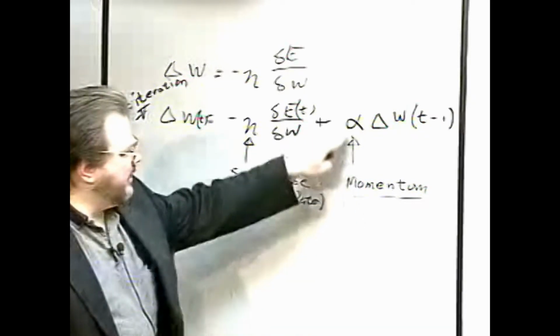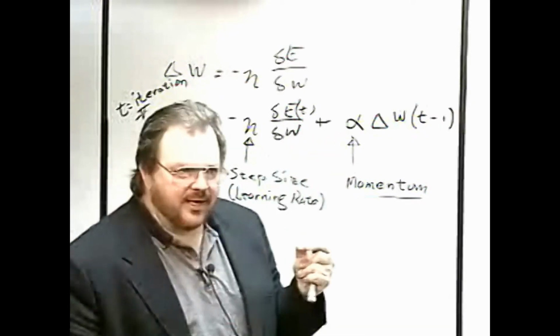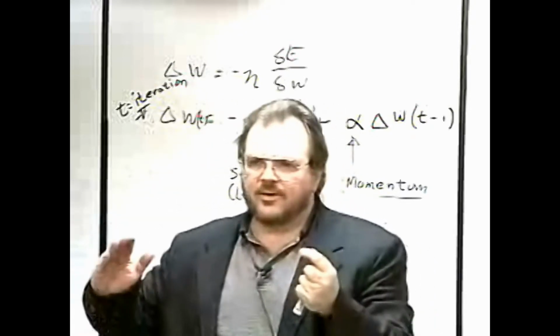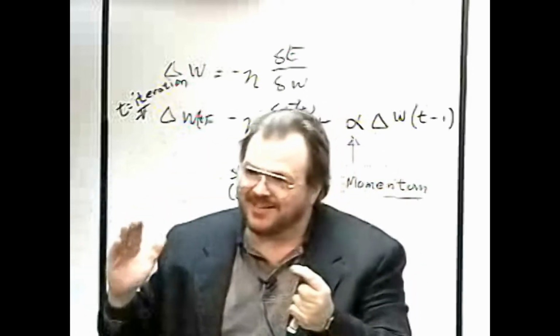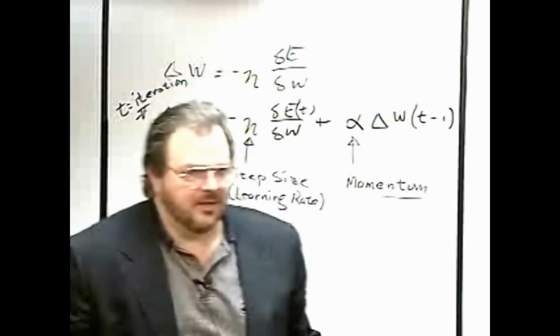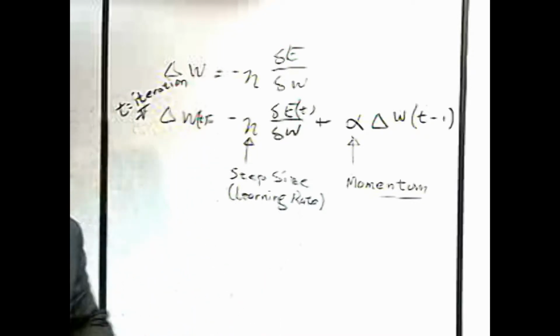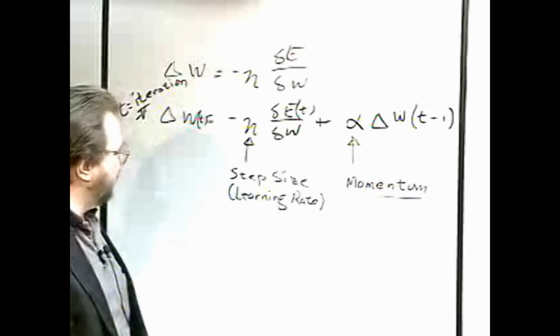Clearly, momentum has its problems too. Suppose you have too big of a momentum, what's going to happen? If your minimum is here and you have a step size here and you have too much momentum, you're going to totally pass it, right? Just like in a car, if you're going too fast, you can't make the curve very well. If you have lots of momentum, you can't go around curves very much.